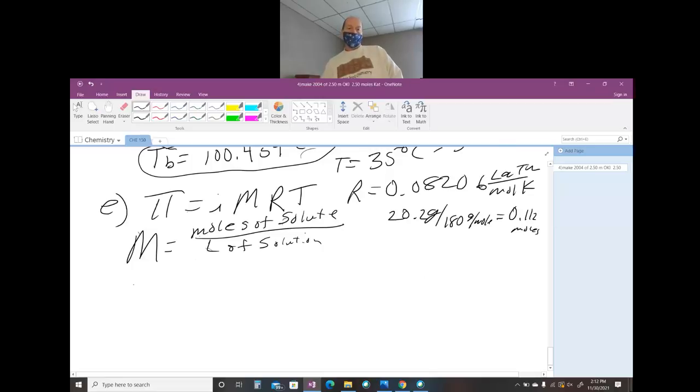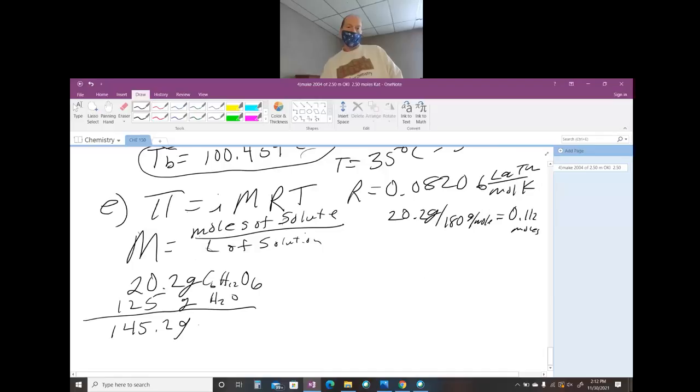All right, so what we did was we took our 20.2 grams of our solute, C6H12O6, and we had 125 grams of water. And so then we mixed those together and we got 145.2 grams of this solution.